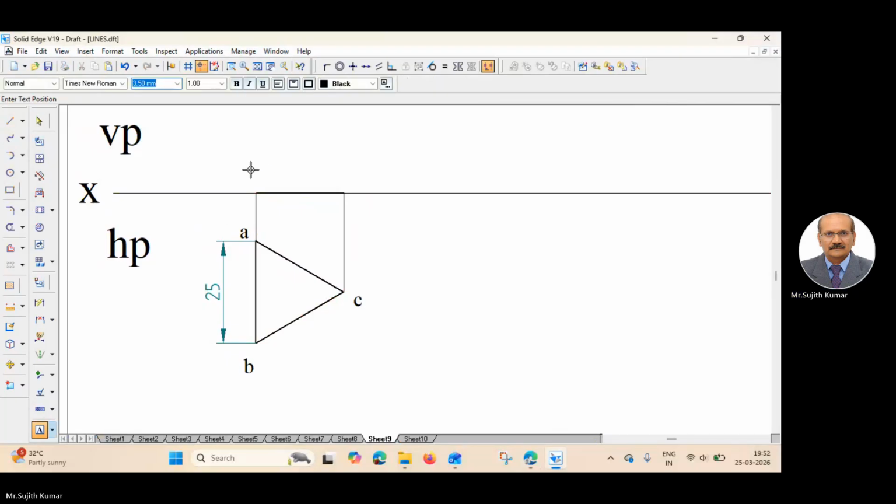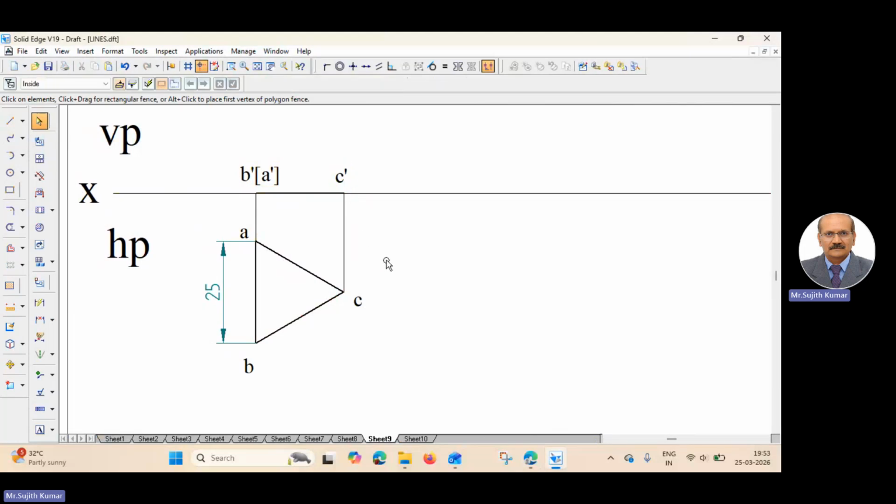Name it B dash, A dash, and this is C dash. This text box should not rest on the XY line, so move it a little bit up. If it is resting on the line itself, copying and moving is difficult.